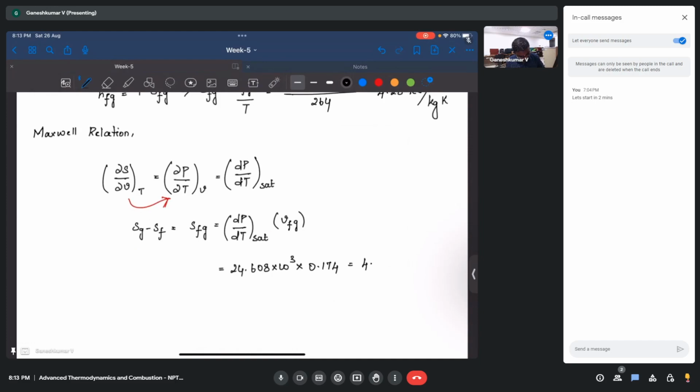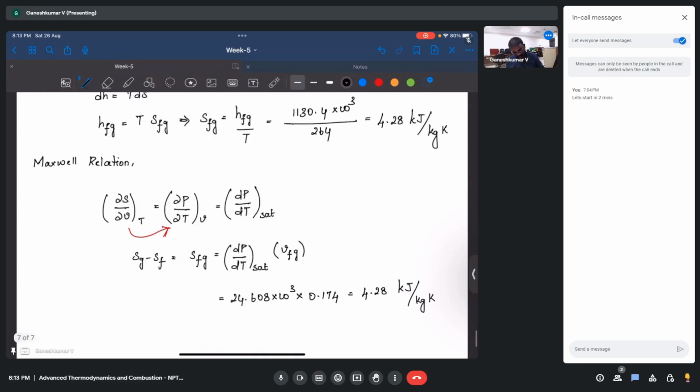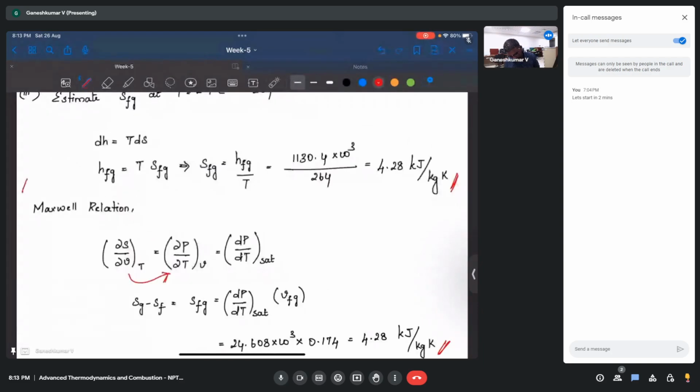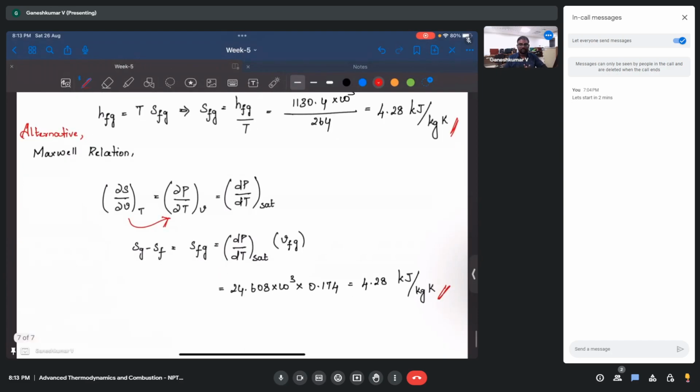So equal to 4.28 kilojoules per kg Kelvin. Okay, there are two ways of doing this. One is through the simple TdS equation. The other is we can use the Maxwell relation. Basically from here only, if we substitute s_fg to be h_fg by T, then we get the Clapeyron equation. You can go backwards also.